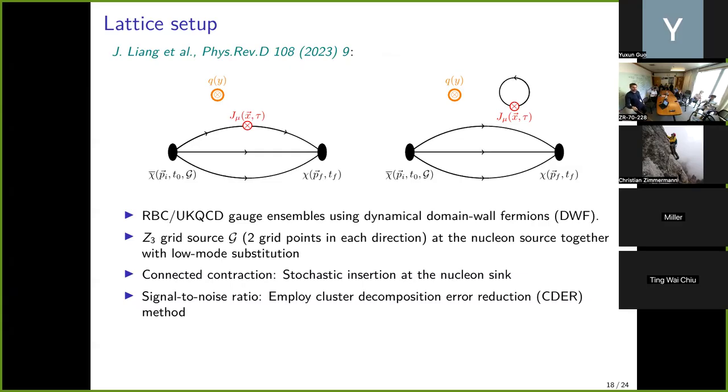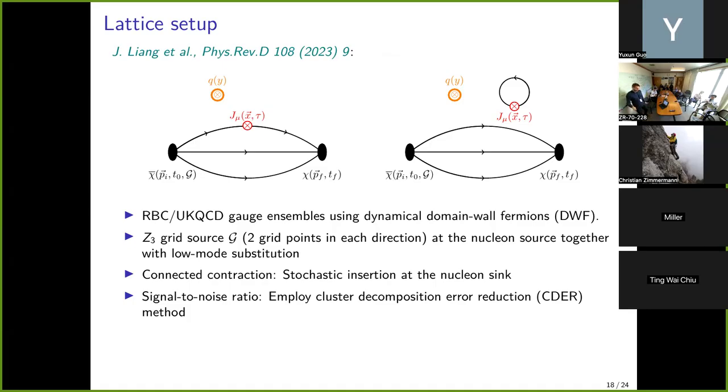Just some information for you. At the source, we use a Z3 grid source, so we have two grid points in each direction. And we use Lanczos deflation in order to speed up the convergence of the stochastic noise. In the connected contraction, we have an additional stochastic insertion at the sink.